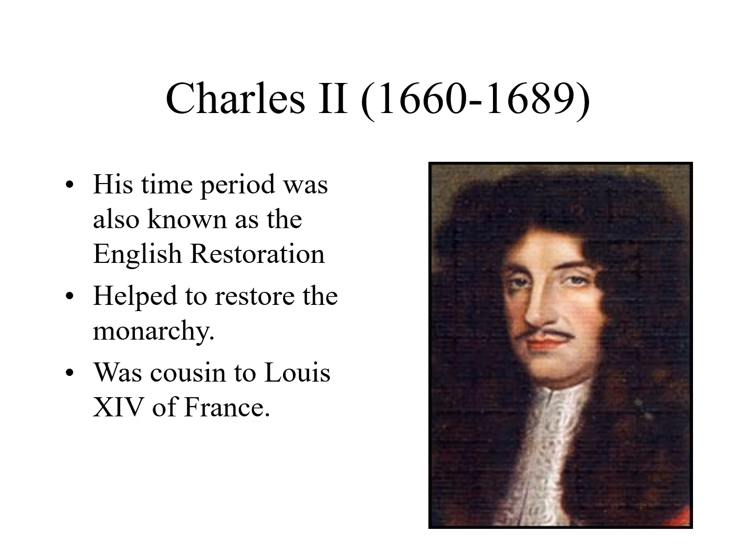Charles II was also cousin to Louis XIV of France. And as his cousin, Charles was able to see firsthand the splendors of Versailles and endeavored to bring the same lavishness and extravagance to England.